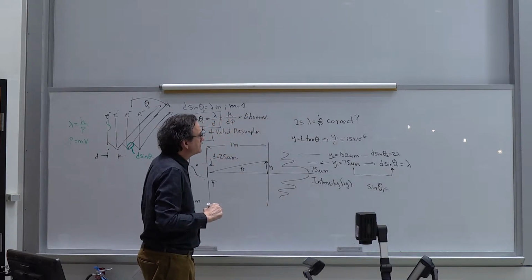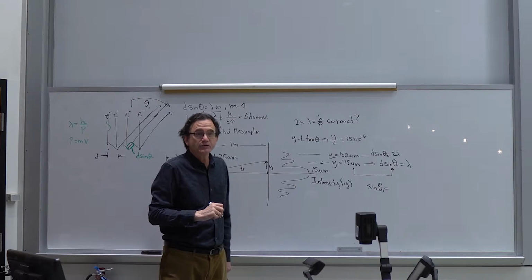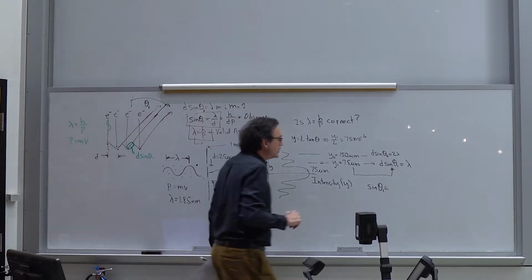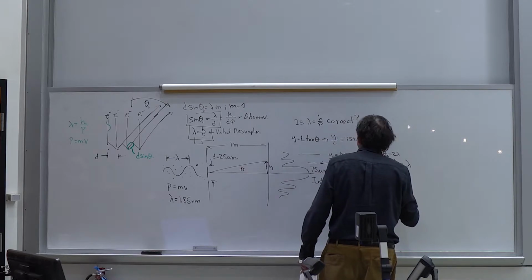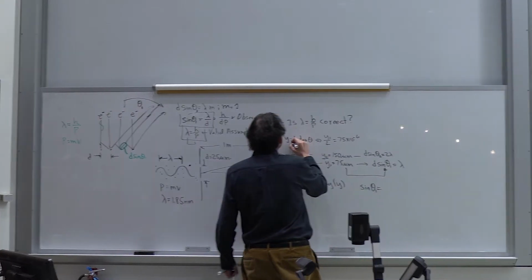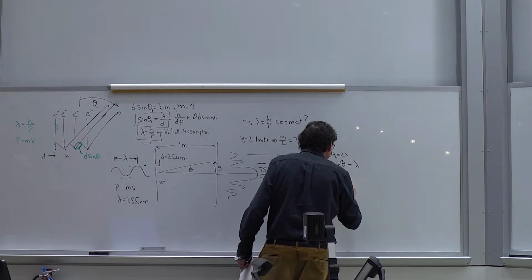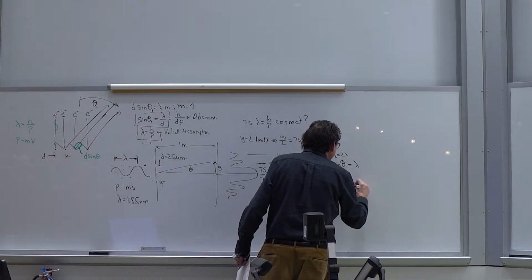So we know that sine theta equals tangent theta equals theta is a valid assumption. So I can also say that the sine of theta 1 is equal to 75 times 10 to the minus 6.